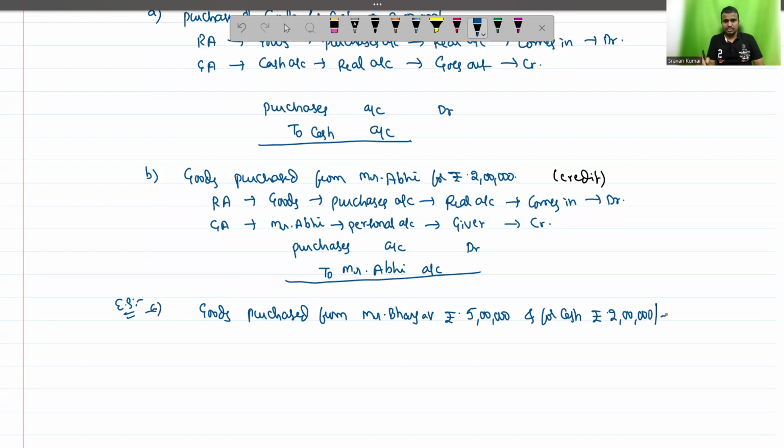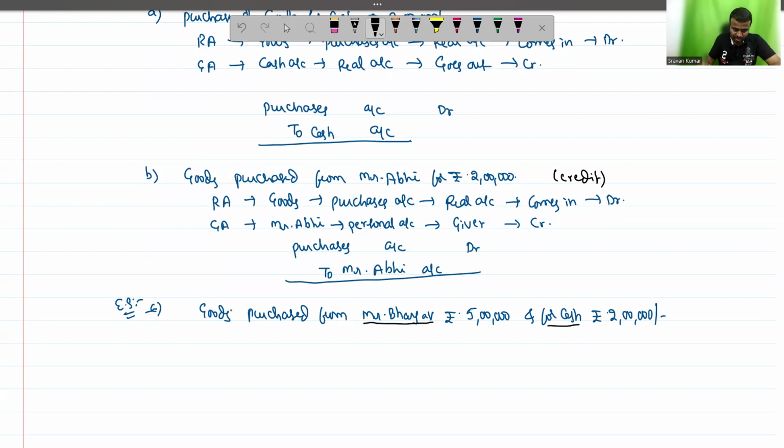And here two transactions are involved. One is purchase of goods from Mr. Bhargav and the other is purchase of goods for cash. You may write a separate entry for every activity, or instead of writing separate entries, you may combine the two and consider it a compound entry.